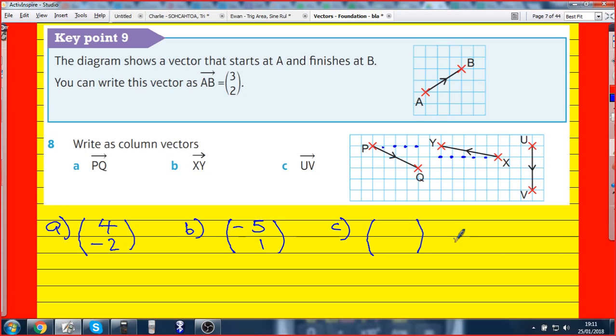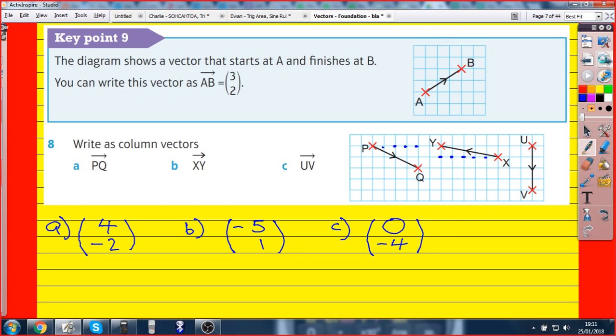Is it just -4, 0? Other way around. Yeah, 0, -4. So it's 0 left and right, and then 4 down. Any questions there? No. Okay, it just takes some getting used to.